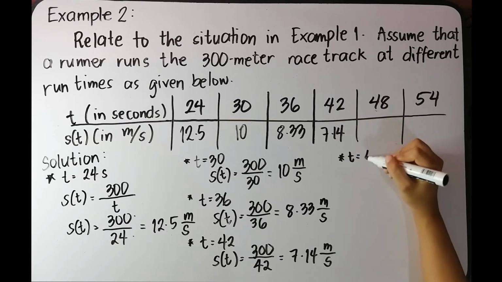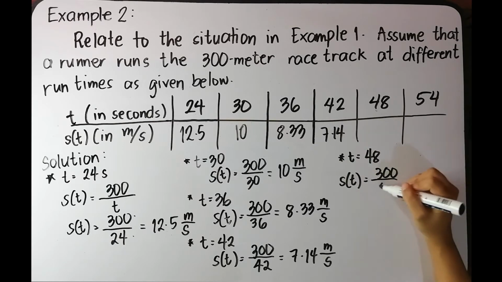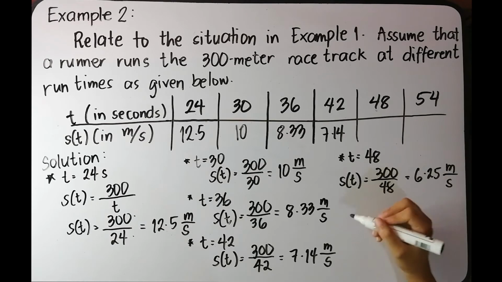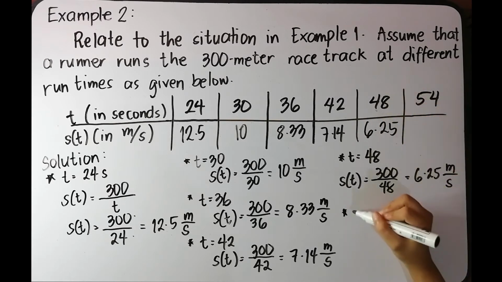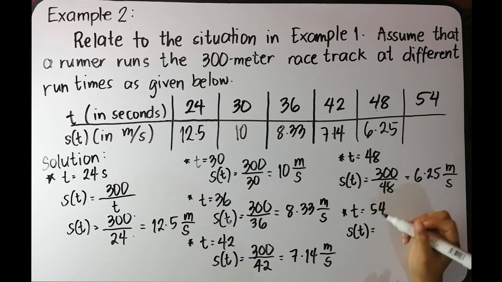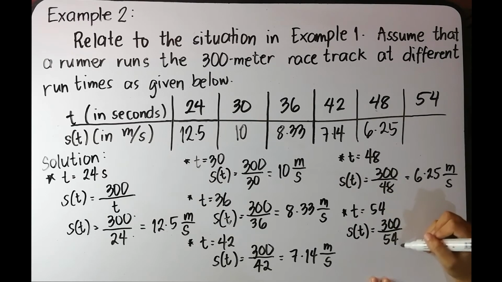For T equals 48, we have S of T equals 300 over 48, which is 6.25 meters per second. And for the last time, which is 54 seconds, we have a speed equivalent to 300 meters divided by 54 seconds, which equals 5.56 meters per second.